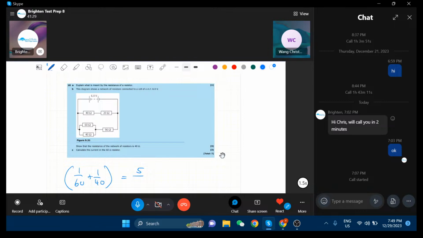Okay. And then we result with 24, if we invert it back. Yep. Okay. Good one. And then we add the top two and the bottom two together, and we get 60 and 120.